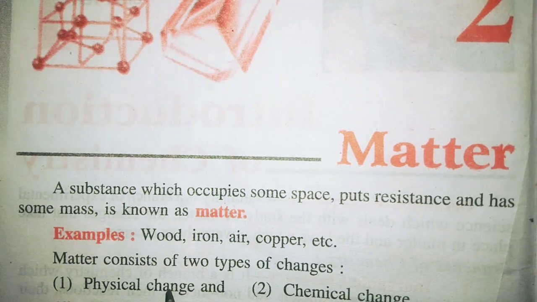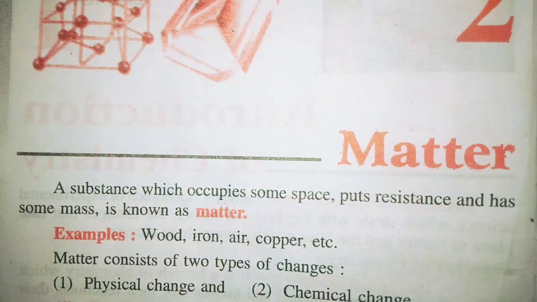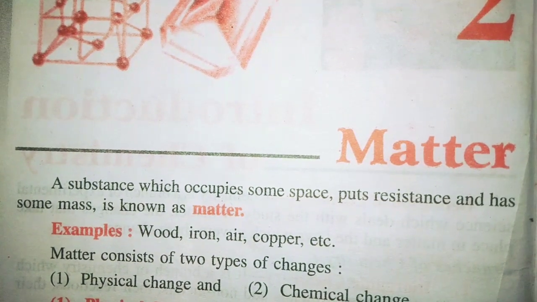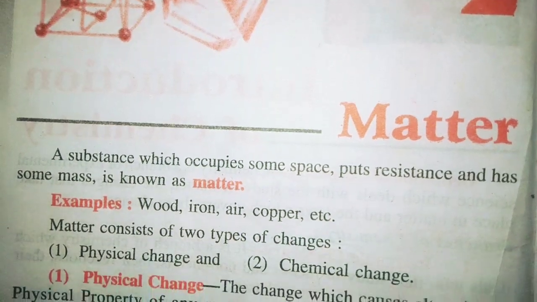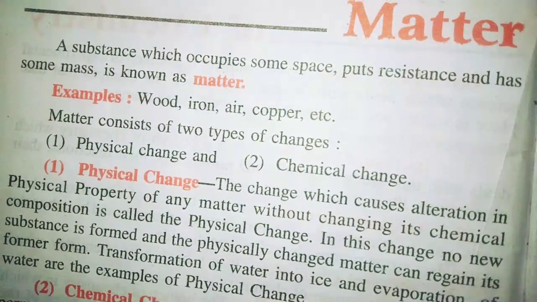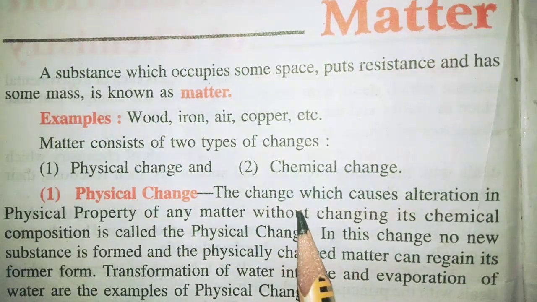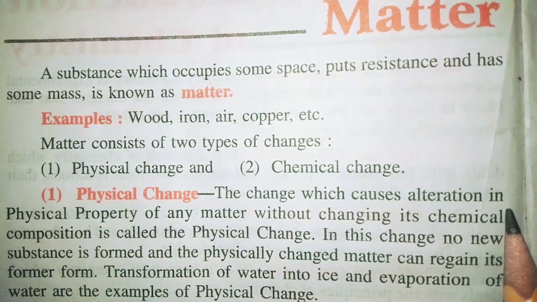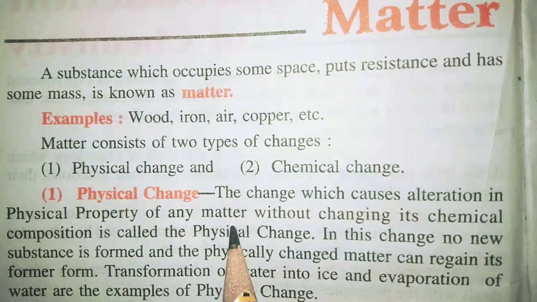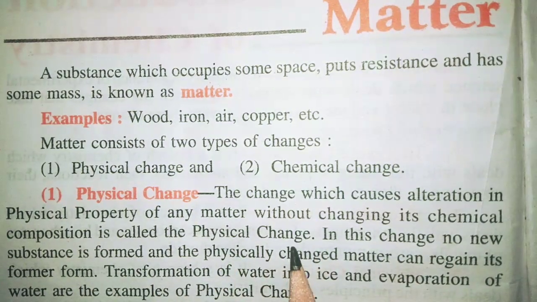Matter undergoes two types of changes, that is physical change and chemical change. Now we will be dealing with the definition of physical change. The change which causes alteration in the physical property of any matter without changing its chemical composition is called physical change.